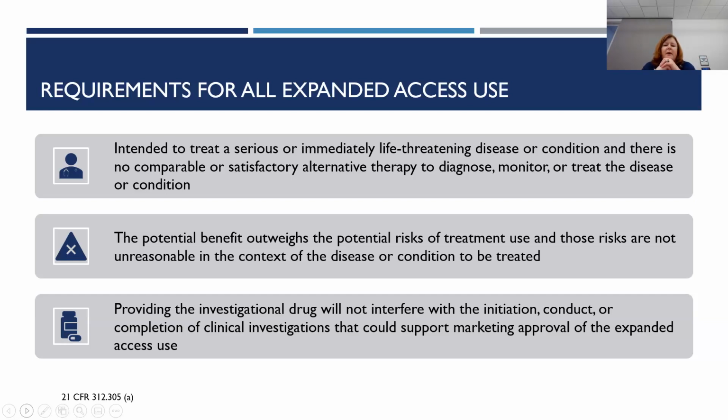And then we want to make sure that those risks aren't unreasonable in the context of the disease or condition to be treated. So kind of getting at the toxicity end of things, and making sure that the potential toxicity of that drug is not going to harm the patient more than the disease would.